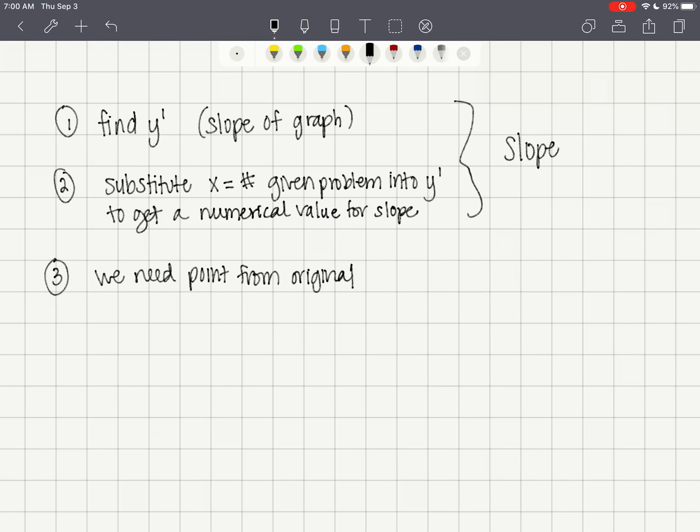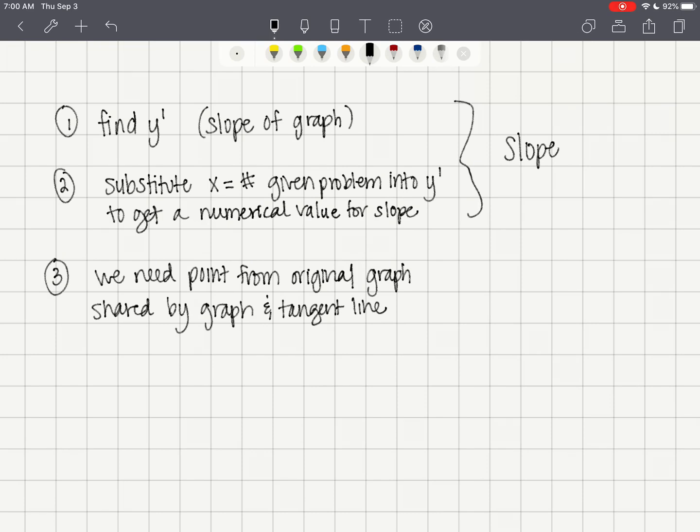We need the point from the original graph shared by the graph and the tangent line.